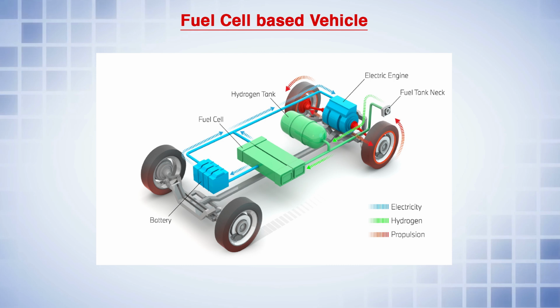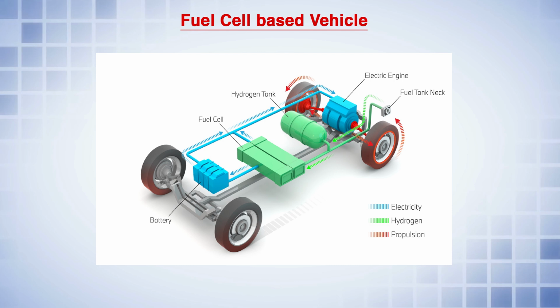The fuel cell section gets fuel from the hydrogen tank and oxygen from the external environment, because it requires oxygen as an oxidant, and it gets external power from the battery, because for fuel cell operation we require external power as well. So we have the auxiliary battery as well, and the output of this fuel cell is connected to an electric drive train system. It is basically a motor.